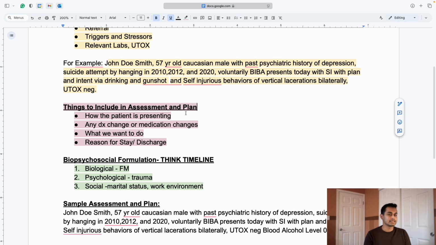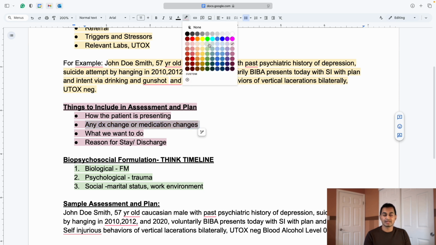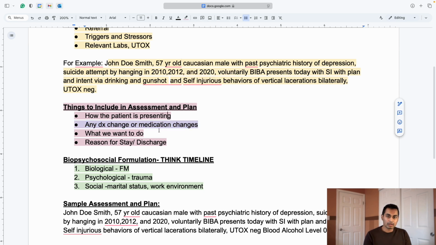Are they disheveled? Are they delirious? Things like that. How is the patient presenting today? Here, it's good to put in some of those MSE findings, right? So whatever we found on our MSE is something that we can include there as well.